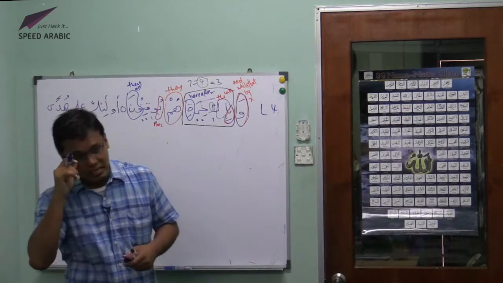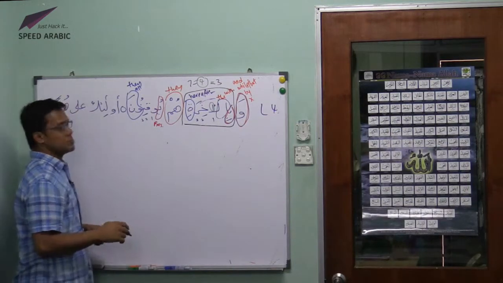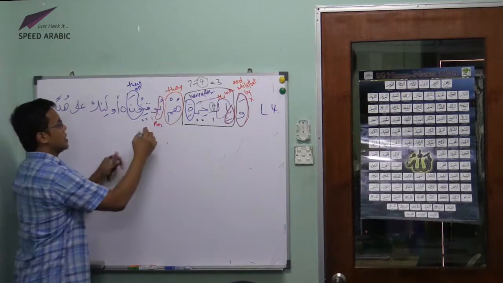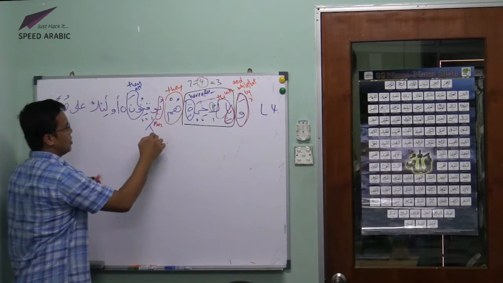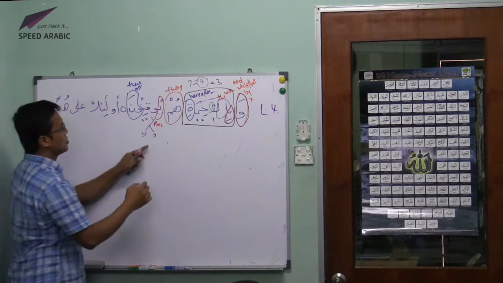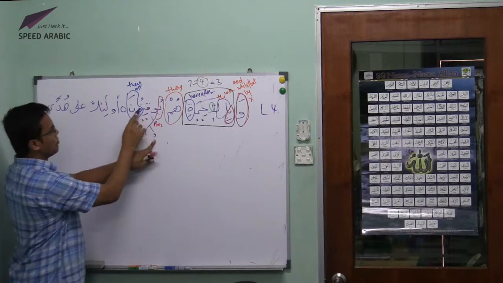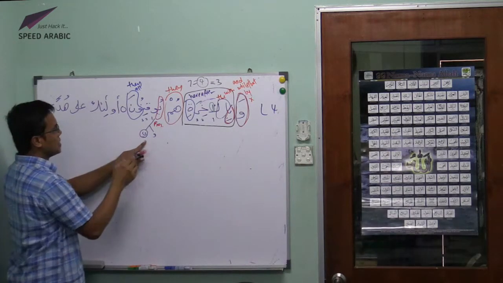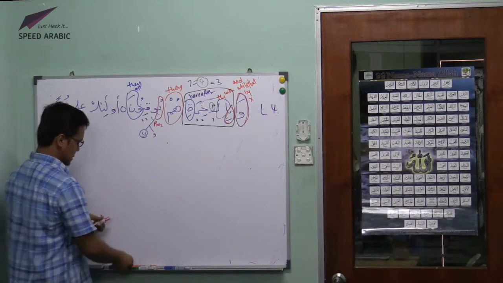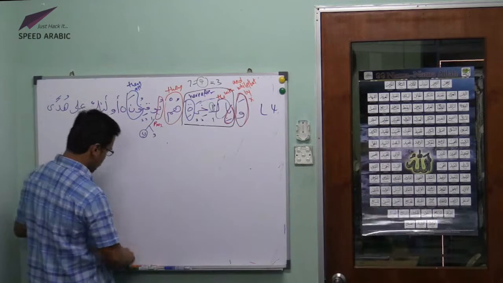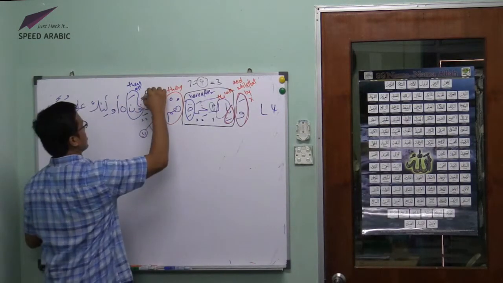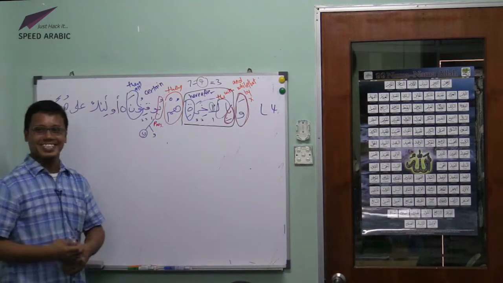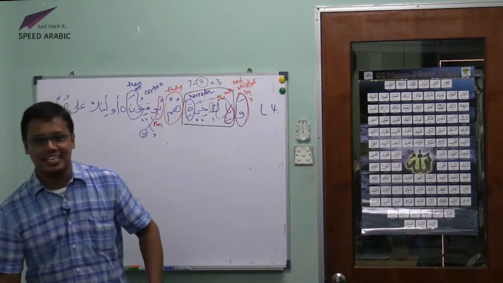As we said, if the weak letter is at the front, it's either waw or ya. So you will find waw qaf nun or ya qaf nun. You will eventually find that it's ya qaf nun and the meaning is certain. Certain. You all sound very certain. Okay. Next.